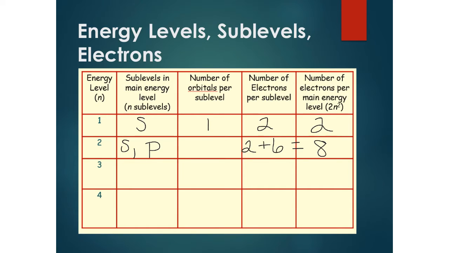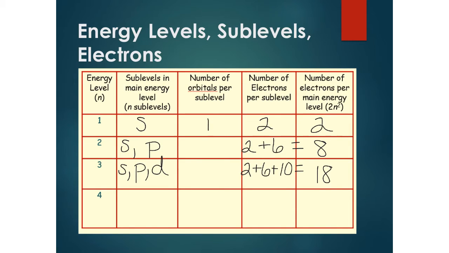In the third electron shell, we have the S, P, and D sublevels. S can hold 2. That's all it has space for. P is bigger. That can hold 6. D is bigger, can hold 10 electrons total. Therefore, the third energy level can hold up to 18 electrons.